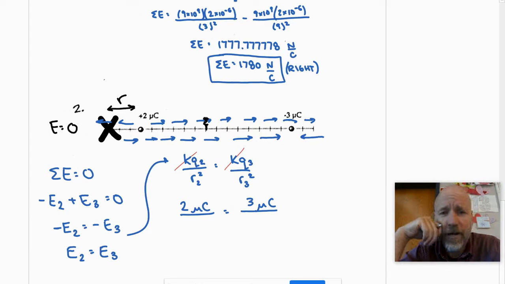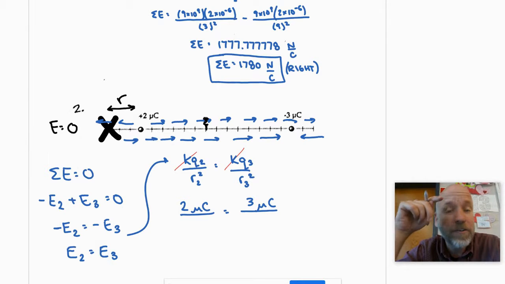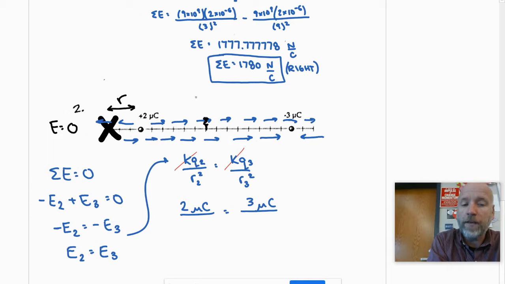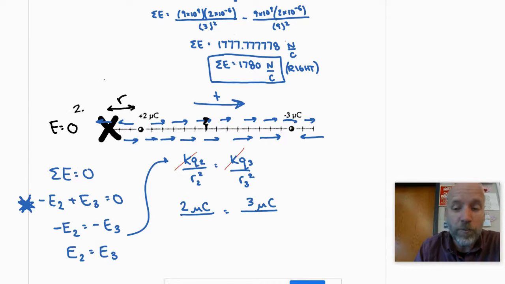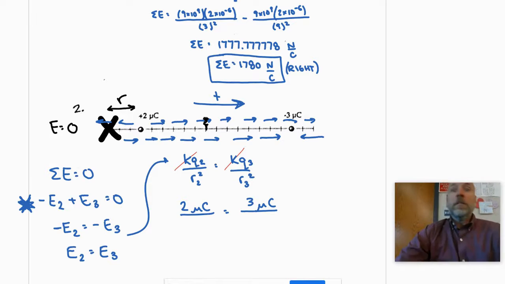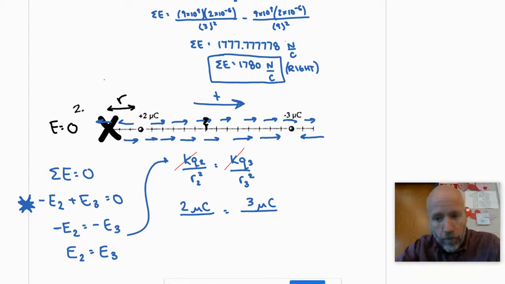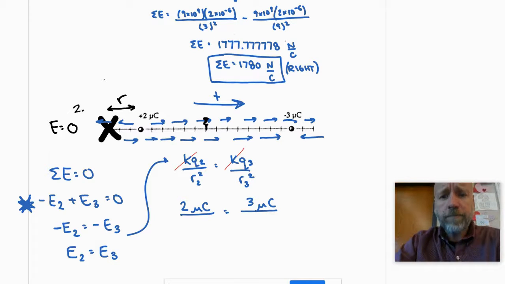Yeah, that's right. It's a vector. As a vector, the sign comes from the direction when we are doing this problem. So if right is positive, which is what I did during this step, the signs in my calculation actually come from which way the arrow is pointing. So I do not include the sign when I plug in the charge. If you didn't catch that, rewind it, play it again.